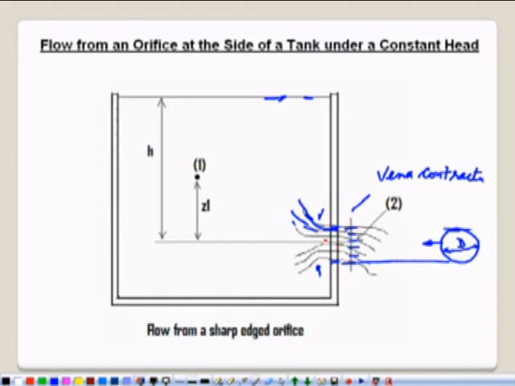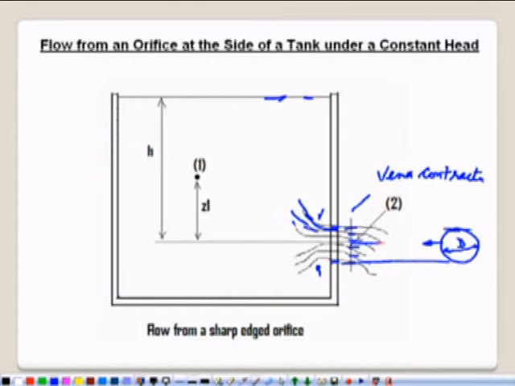Had there been an inviscid fluid, the streamlines would have been converging continuously up to infinite distance. But because of the viscous effects, the convergence remains up to a certain point where the velocity has only one component.